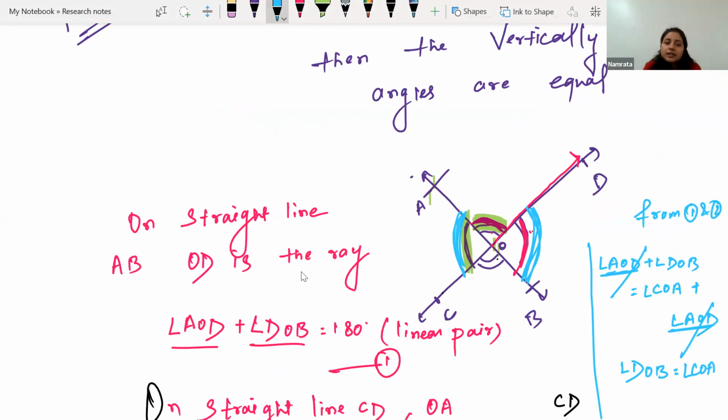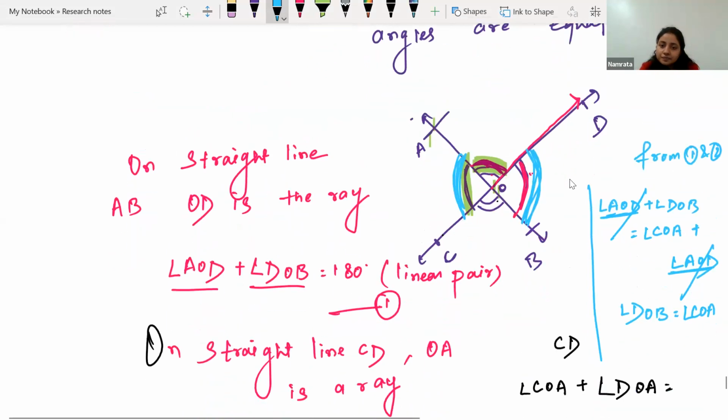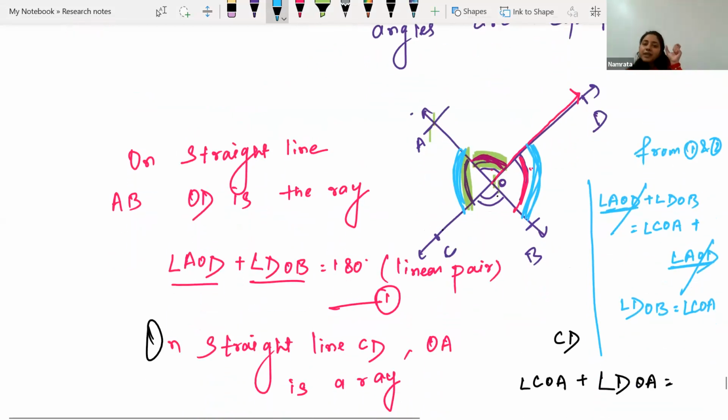So OD is a ray, then this pair, this one and this one, was making a 180-degree linear pair, which we have written. Now whatever pair I have taken previously, from those pairs, that is angle AOD or angle DOB, again I want to get any one of them while taking the other straight line's other ray, or maybe the same straight line's other ray case.